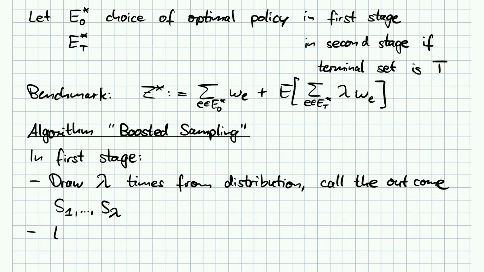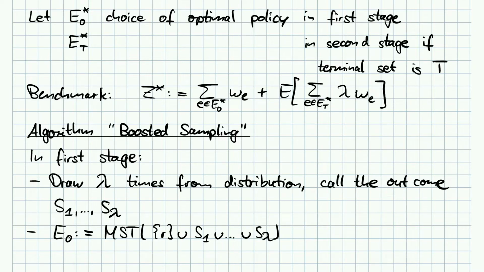And then we'll set E0, which is our approximation of what the optimal policy does in the first stage, or what is actually just our choice for the first stage, is just a minimum spanning tree on R union S1 through S lambda.